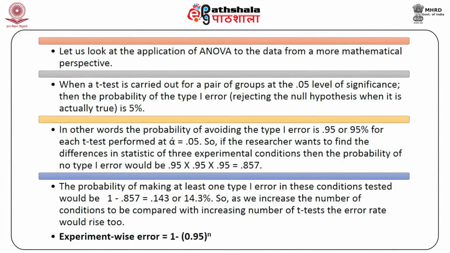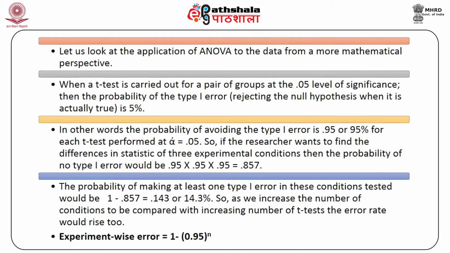Thus, the probability of no type 1 error is 0.95 for each test. If each test is assumed to be independent, then the overall probability of no type 1 error is 0.95 × 0.95 × 0.95 = 0.857.